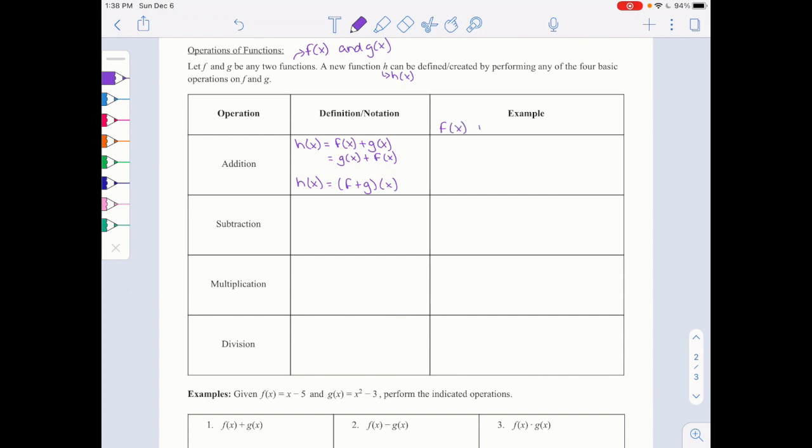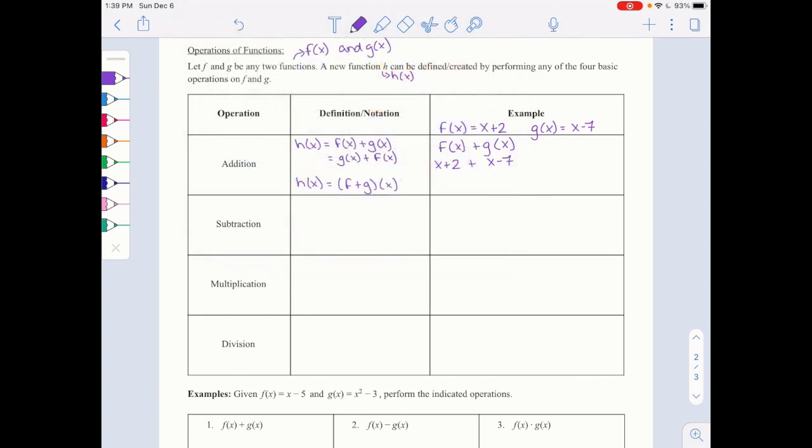So if I have f of x be x plus 2, we'll keep it simple, and g of x be x minus 7, and they asked you to add f of x and g of x, I would just take what f of x is, which is x plus 2, and add it to what g of x is, which is x minus 7.